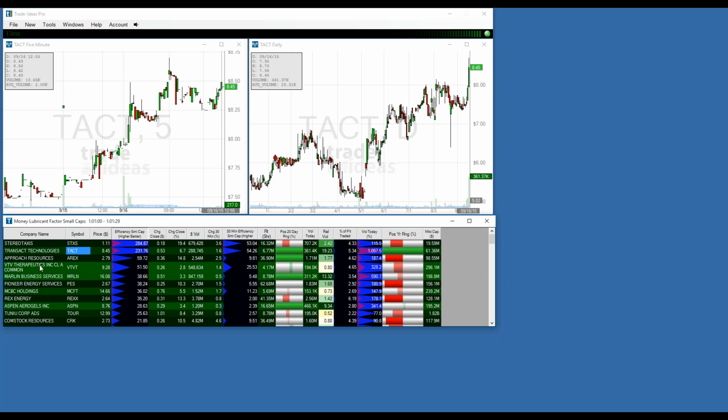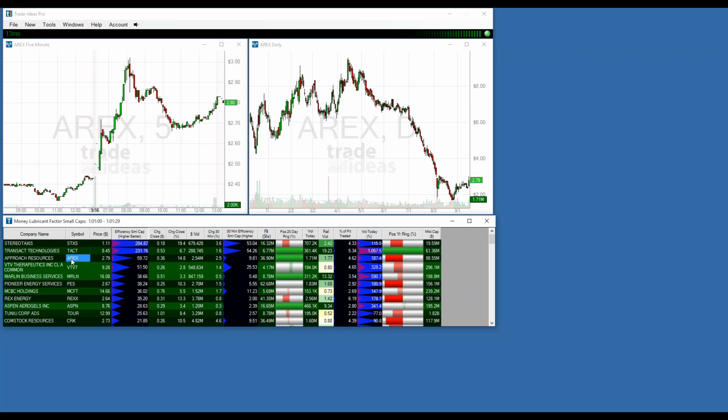So let's look at Approach Resources. And by the way, the oils were really moving today. It's interesting to find one that, in terms of efficiency, is in the top 3. It's at the height of its 20-day range, traded almost 2 times normal, and it's basically making a V bottom right here.